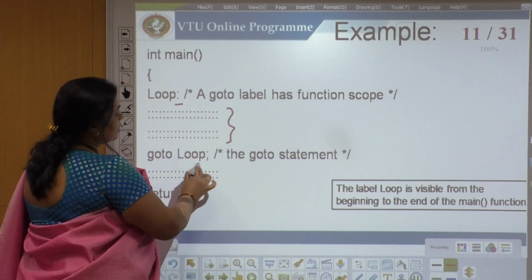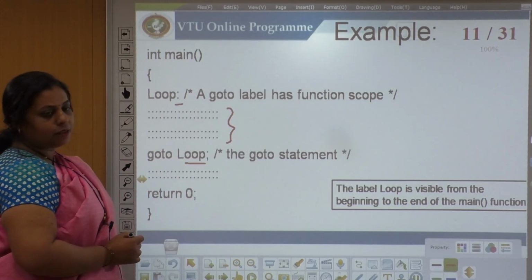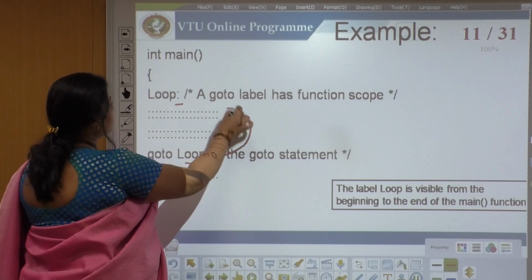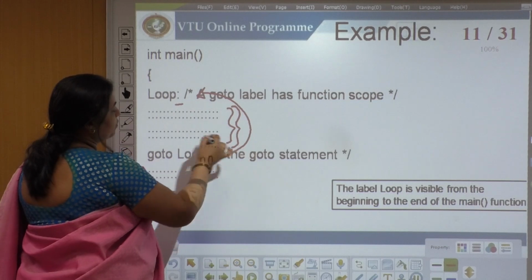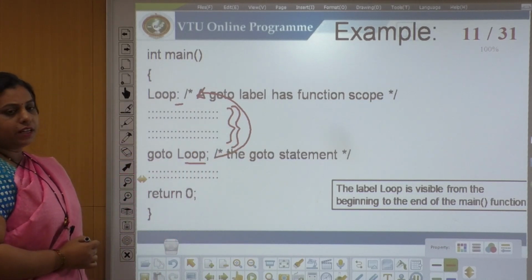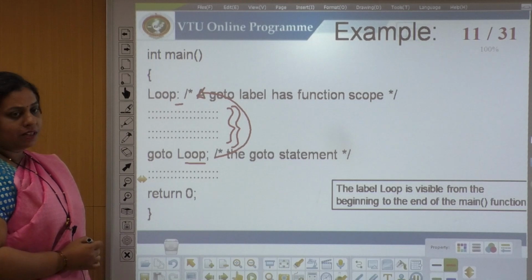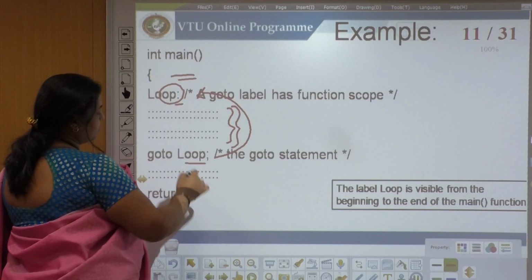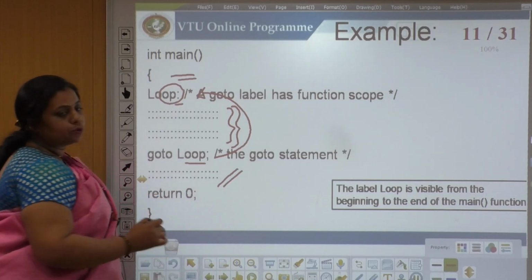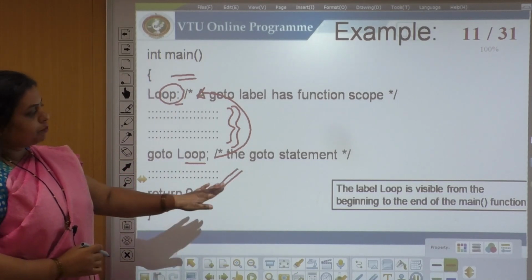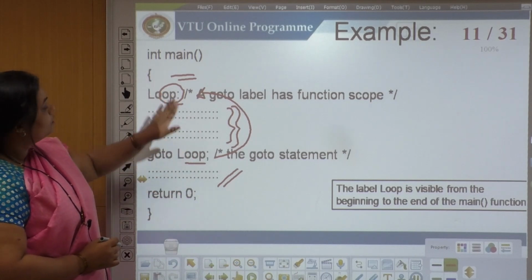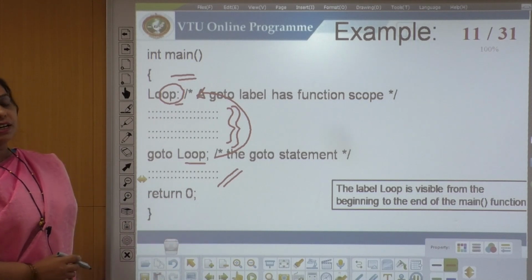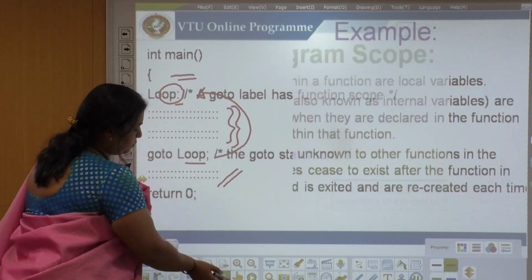As soon as the control comes to this particular statement, I am telling it to go to the label, so again I will go back to this location and this code will be executed again. This label's life has started from the beginning of the function and it is available throughout the function. The label loop is visible from the beginning till the end of the main function. So it is called function scope.